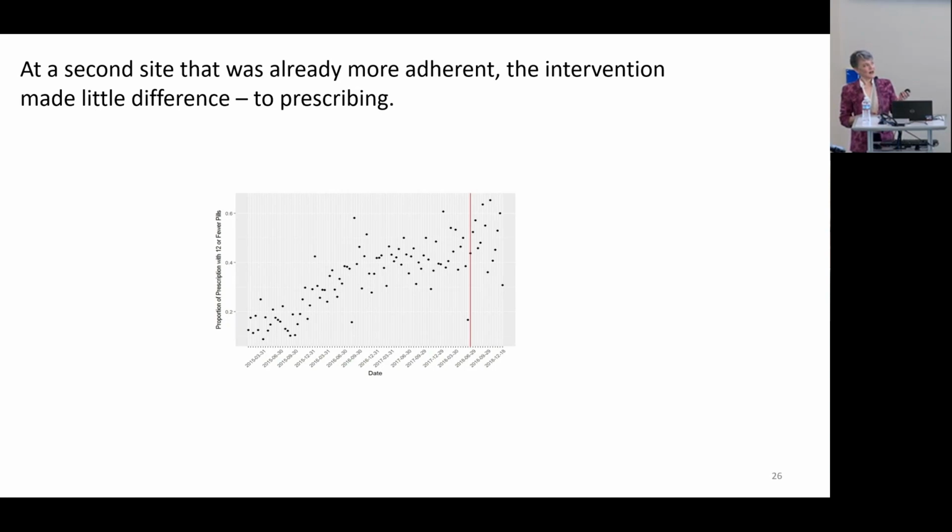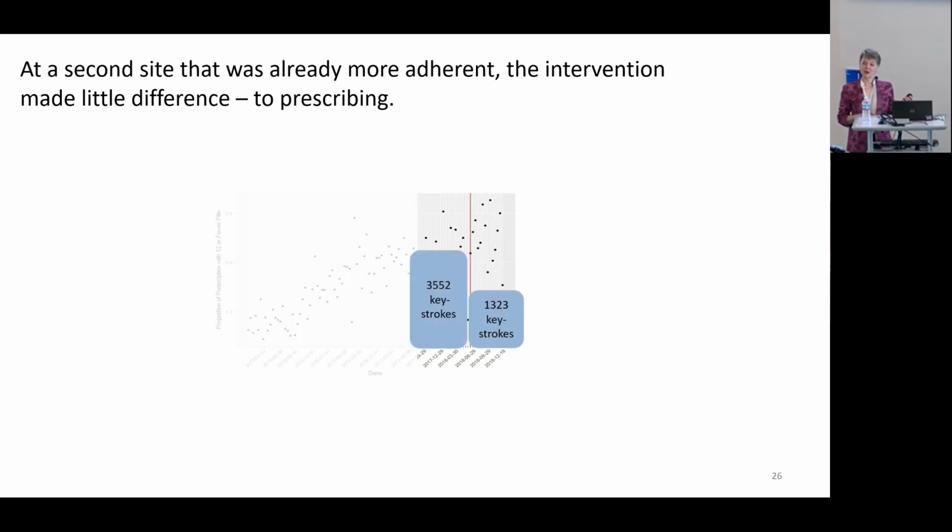However, if we look at the 6 months before and the 6 months after, and we count the number of keystrokes that were required to issue those, we got a 60% decrease in keystrokes for the same number of prescriptions. So, in fact, that FQHC was really happy with us. They're like, you just saved our doctors a lot of typing, a lot of work, a lot of cognitive work that they didn't have to think about.